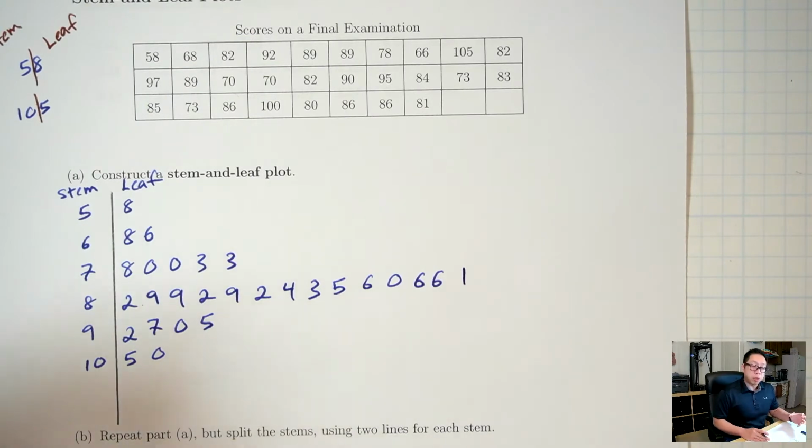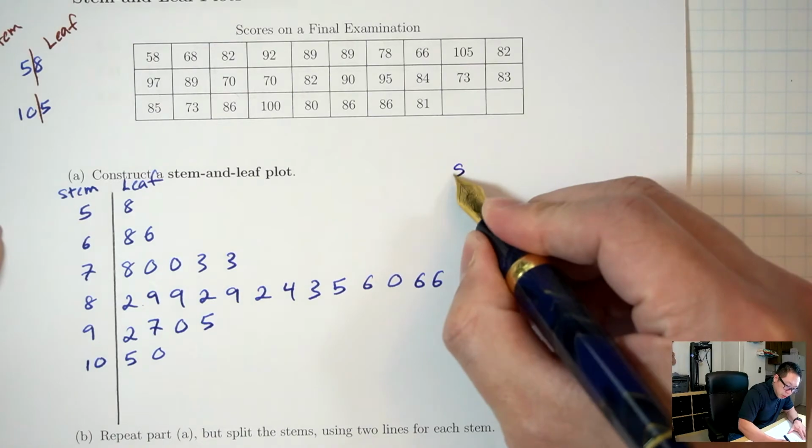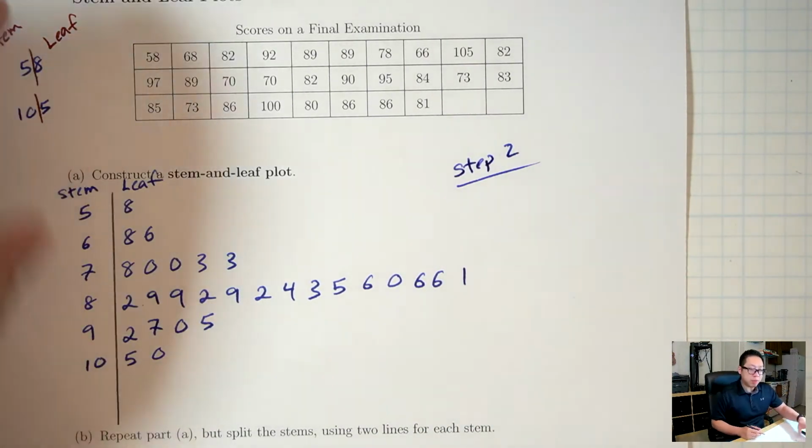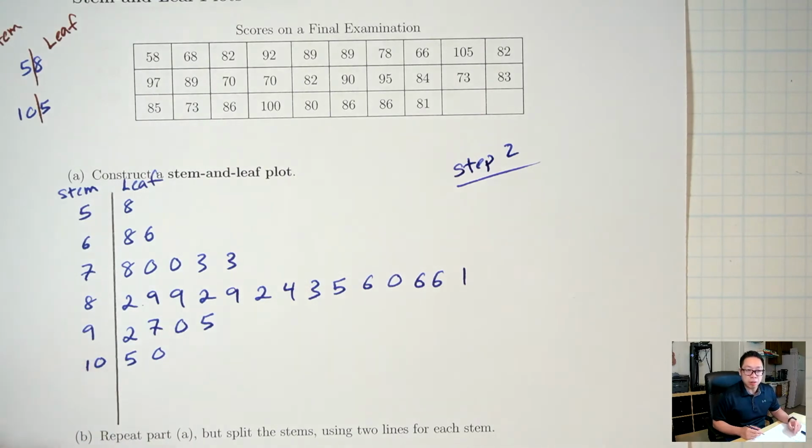Okay, so that's your initial stem and leaf plot. So technically there's a second step. Technically what you're supposed to do after you have this initial stem and leaf plot is to reorder the leaves from smallest to largest.